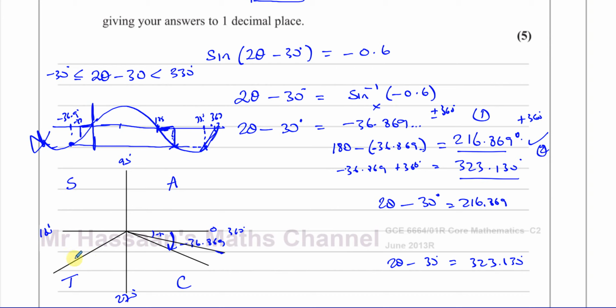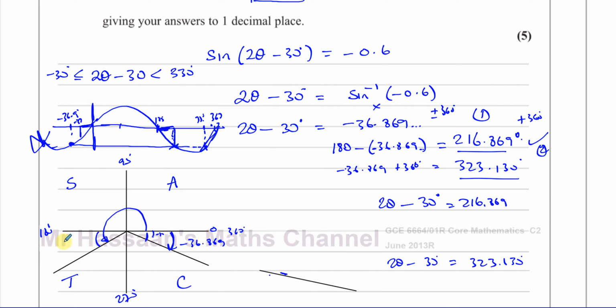So what is this angle over here? Well, we know by the fact that we have some symmetry here, basically, the associated acute angle, this angle here, its magnitude is 36.869.